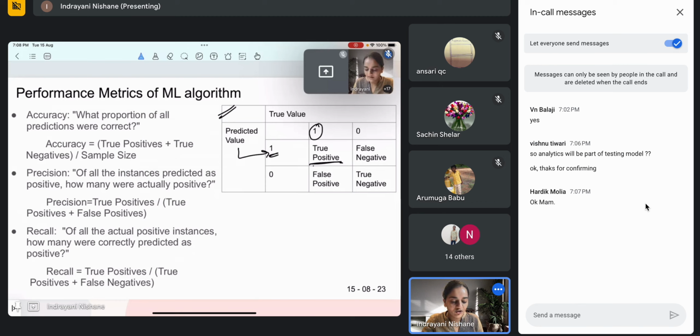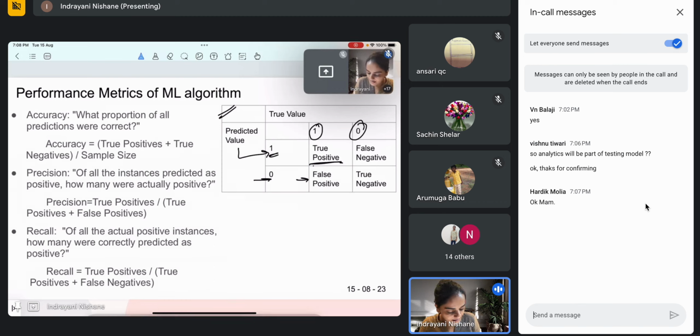And if the true value is 1 and it is wrongly predicted by our algorithm as 0, then it is, as the name suggests, false positive. And similarly, if the actual value is 0 and it is predicted as 1, then it is false negative. And if it is 0, correctly predicted as 0, then true negative.